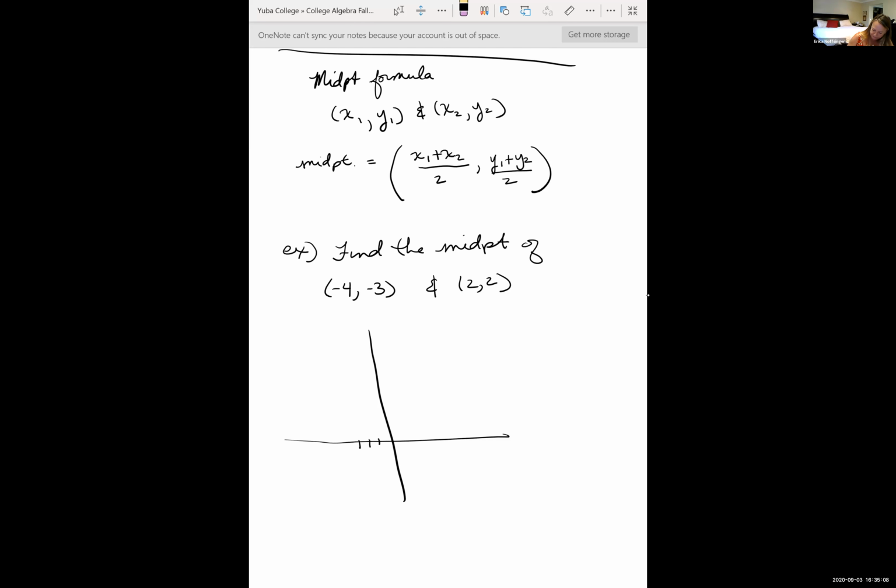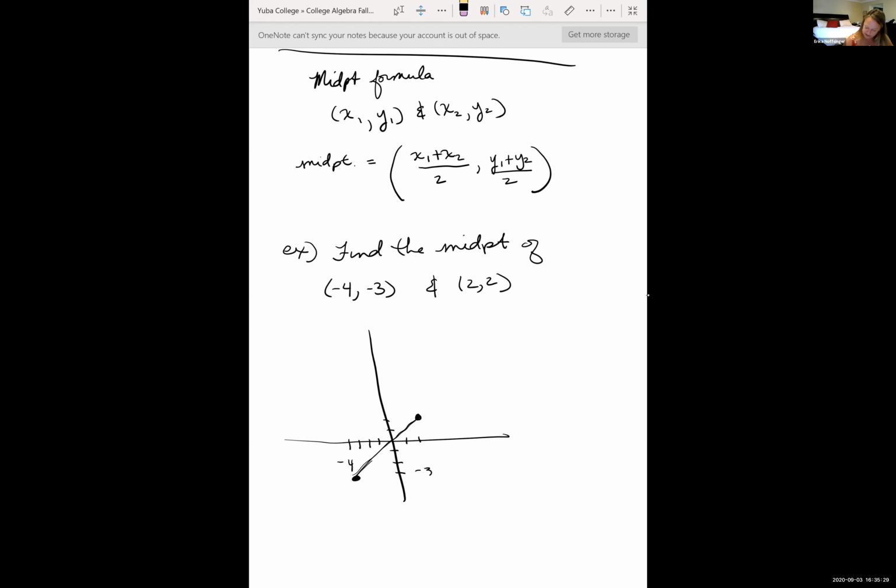So go over -4, go down 3, and 2, 2. I want to find the halfway point on this line.